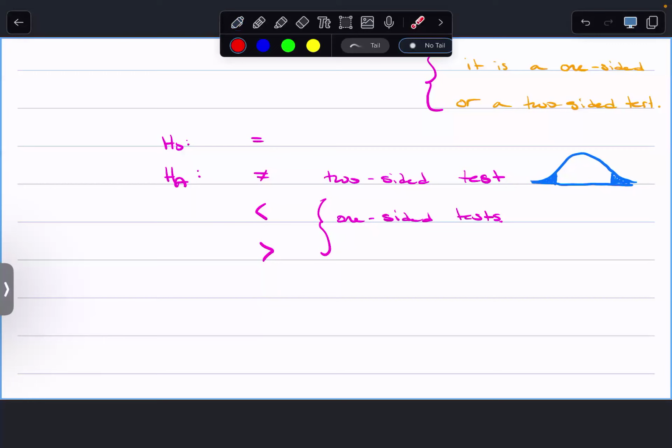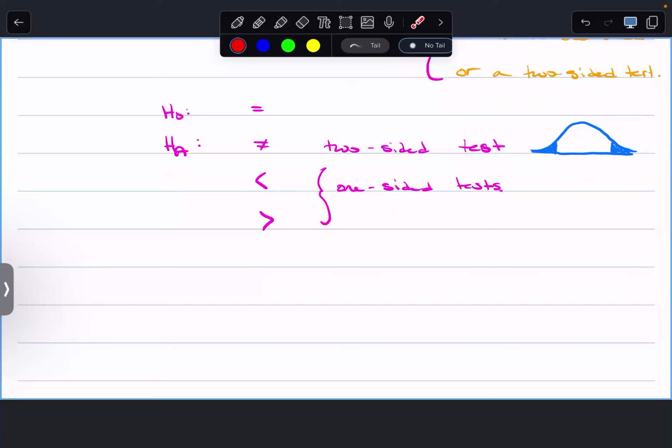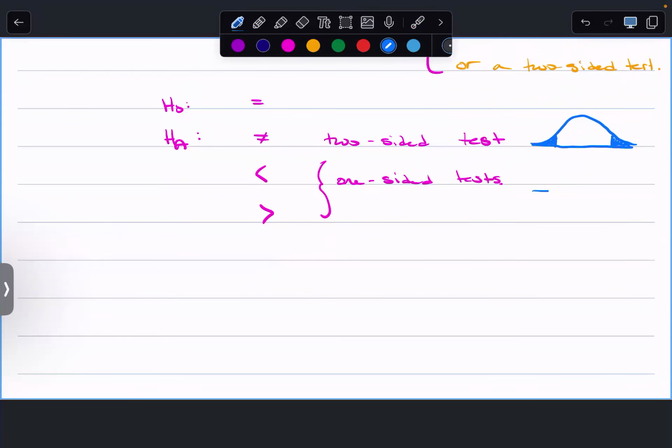If I want to know if something is less than something else, and I'm keeping it generic on purpose because we could be talking about one sample proportion, how 2 sample proportions compare to each other, how one mean compares to a value, or how the mean differences compare to 0, regardless, this is what it's going to look like.